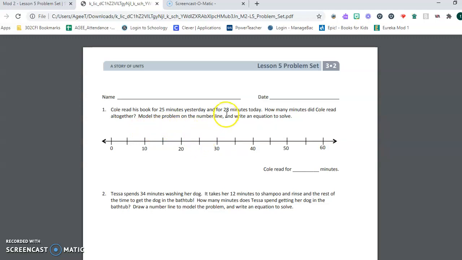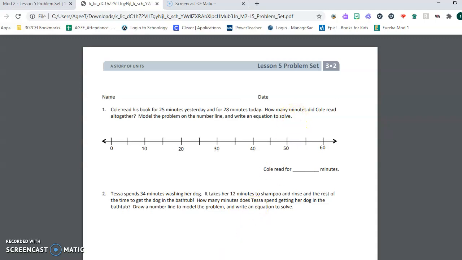And then I'm going to think about this 28 as 2 10s and 1 8. Because I'm at 25, I can go up 10 to 35, up 10 more to 45, and then I've got 8 more to go. So I've got 5 more to 50, and then 3 more to 51, 52, 53.